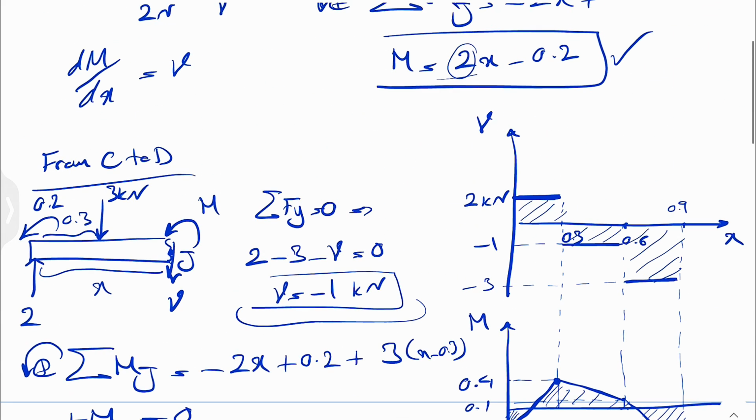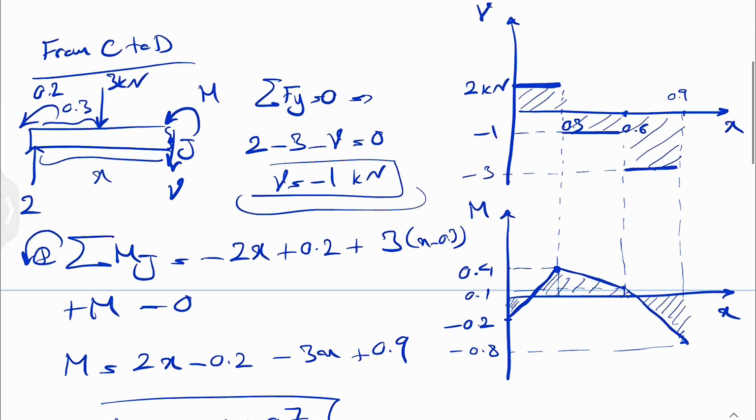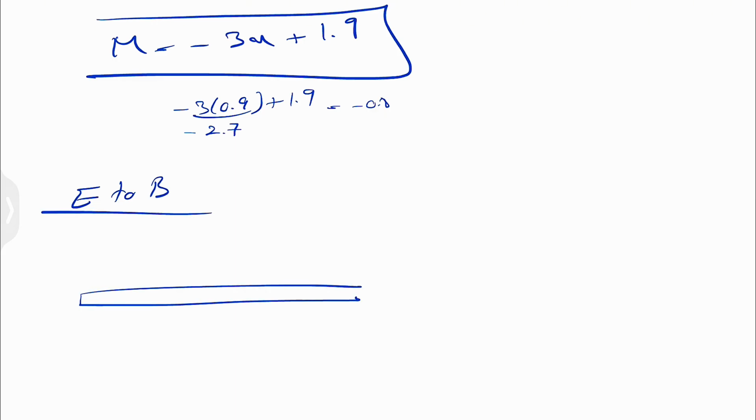And our last point is from E to B. So we basically have the whole beam, our V, our M, 2 in here, 0.2.